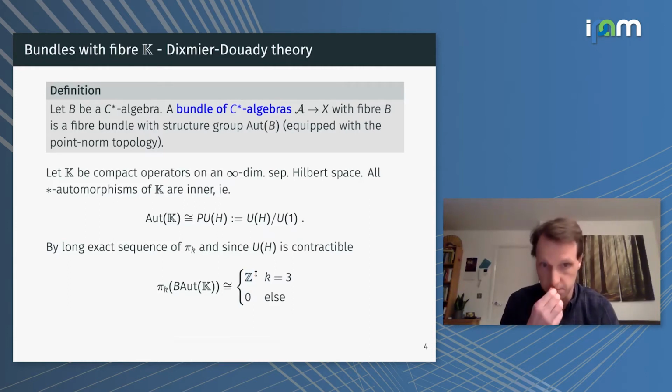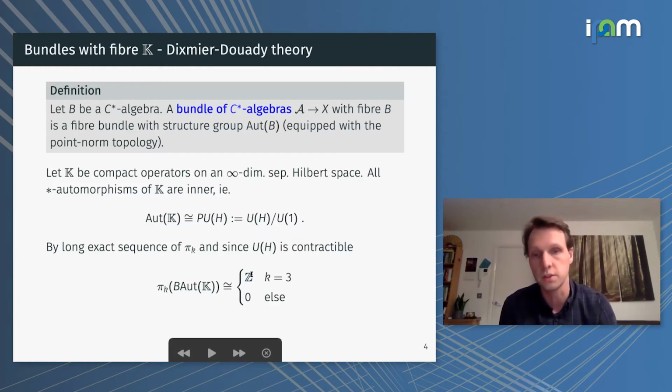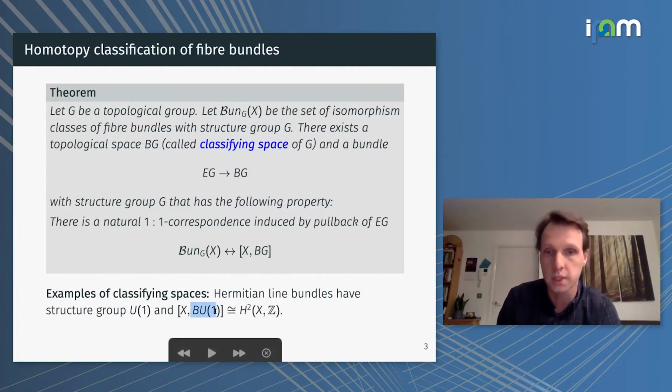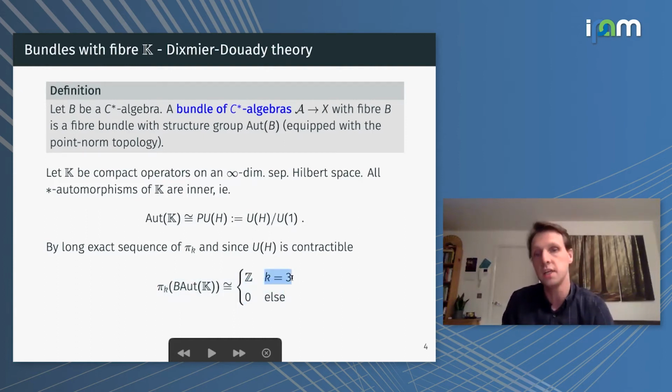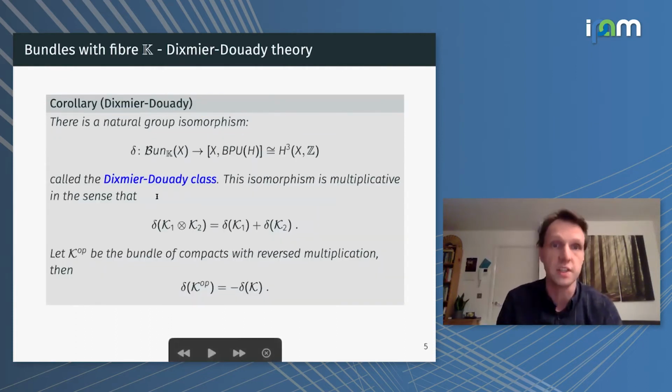These spaces, which just have one non-trivial homotopy group, are called Eilenberg-MacLane spaces in topology. Just as with the previous example where you have BU1 and you get H2, since this sits in degree 3, you get third cohomology instead of second cohomology. And this is the result of Dixmier and Douady.